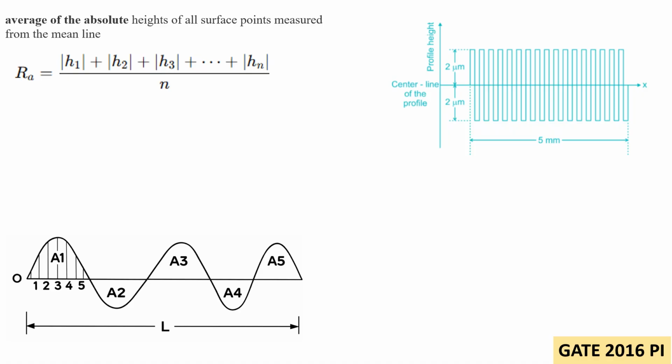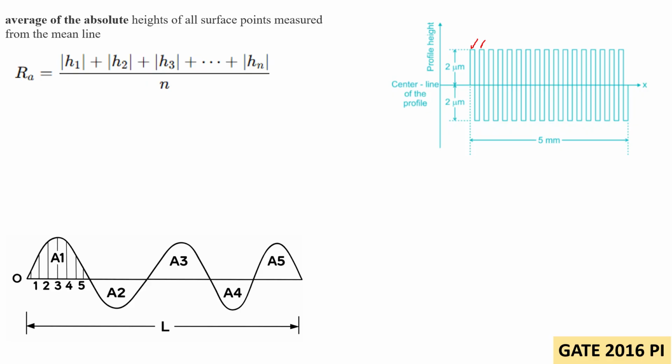We know that the Ra value is the average of the absolute heights of all surface points measured from the mean line. So Ra equals H1 plus H2 plus H3 up to Hn divided by small n. Here observe the number of heights above the mean line and below the mean line. First we have to look at the above the mean line.